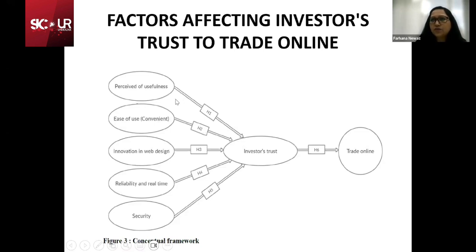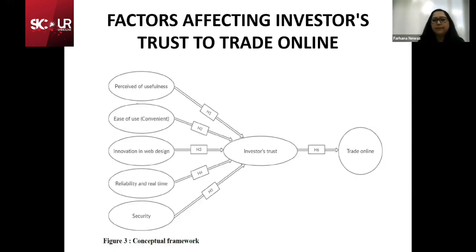For each variable there will be a few questions to ask the respondents, so that they can give their answers, and based on their answers we can measure each of the variables. When we are able to measure each of the variables, then we will be able to measure the relationship. Make sense or not?